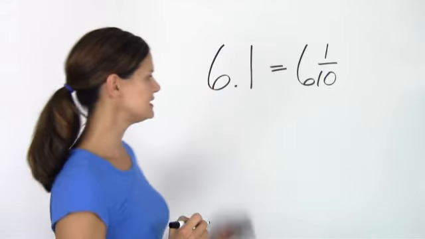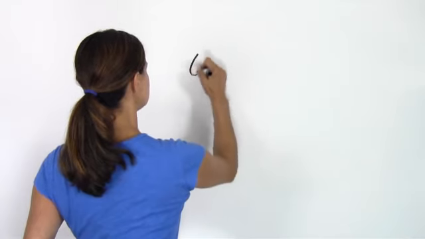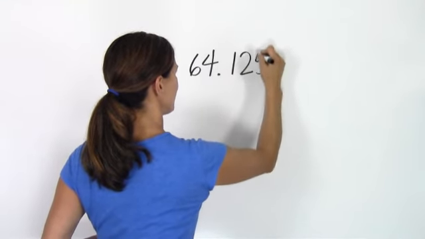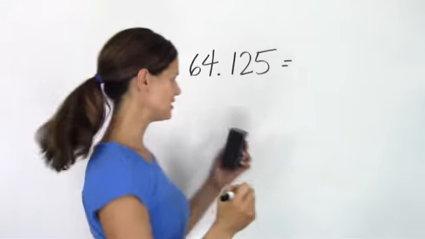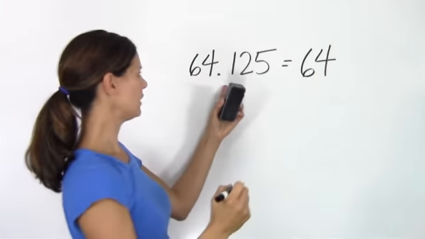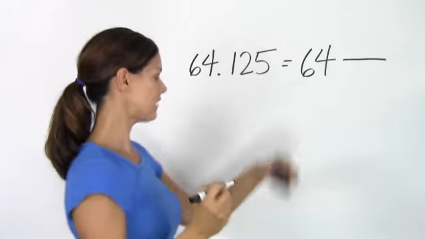What if I have a decimal like, for example, 64.125, and I want to write that as a fraction? Here's what I do. I keep my 64 as a whole number, but then I want to put my 0.125 as a fraction.